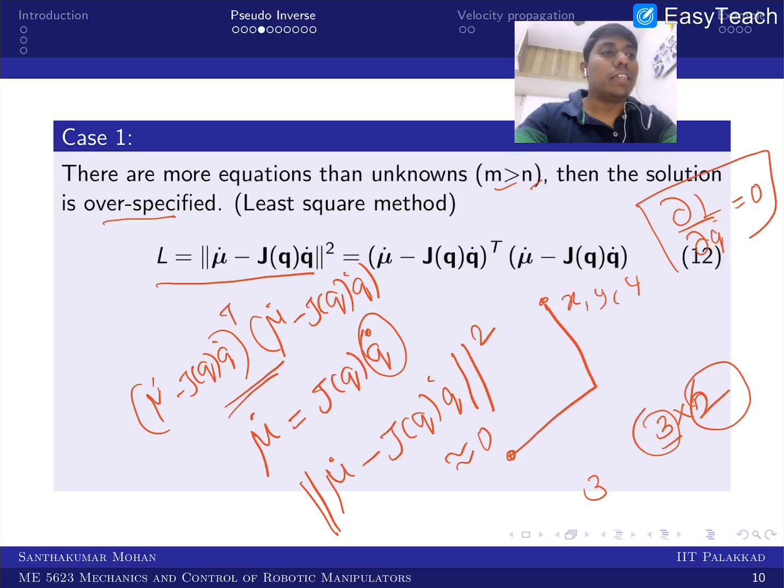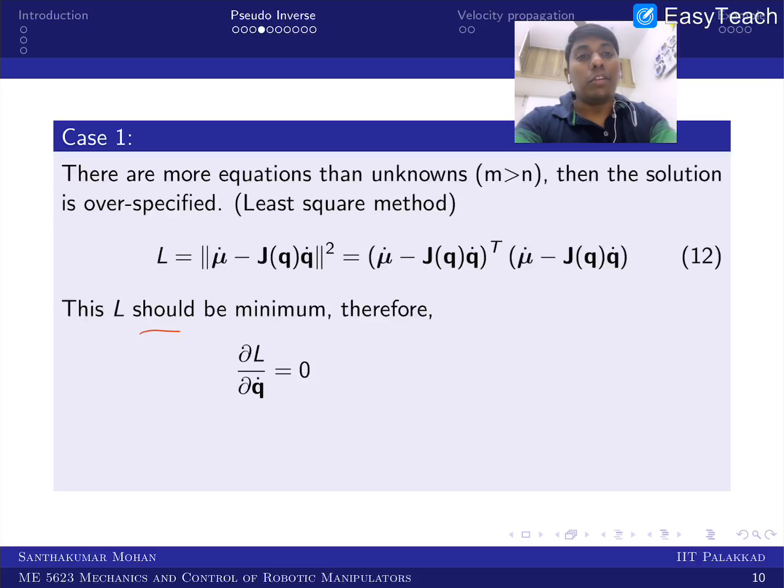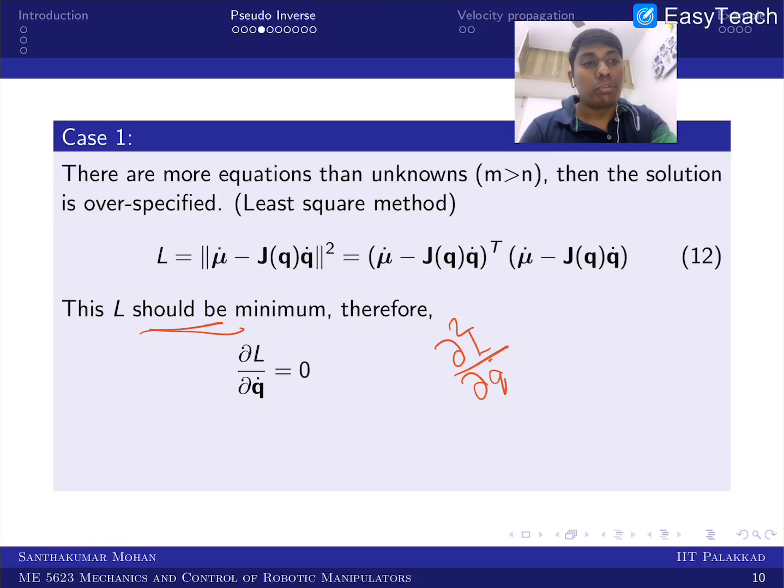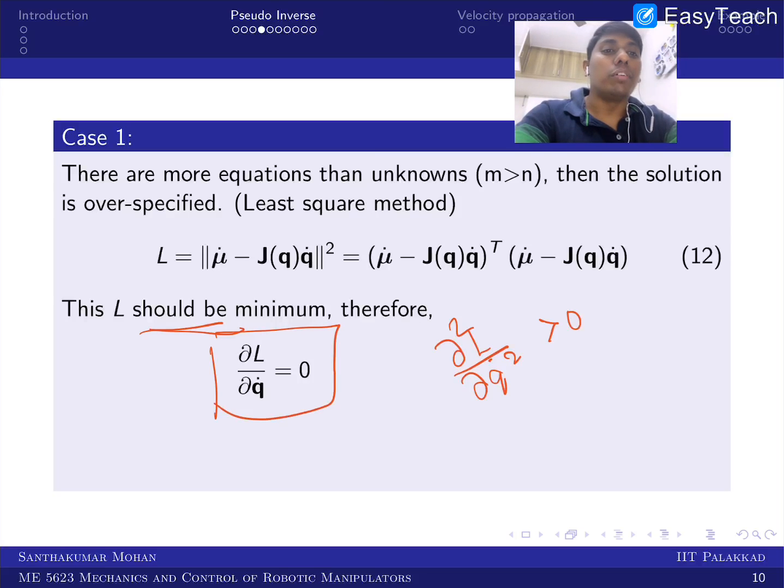If I obtain this, I am done. I am trying to minimize this. So dou L by dou Q dot is 0, and dou squared L by dou Q dot squared is greater than 0, then that would be a minimum. If it is less than 0, then that is a maximum. But right now we are not interested in that.